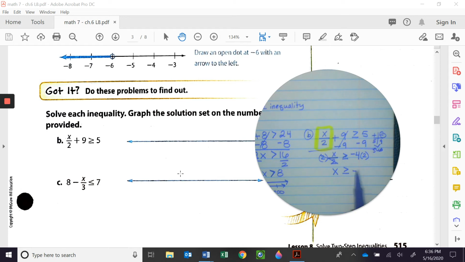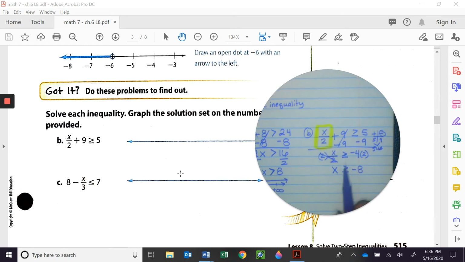So our answer is -8, but nothing had to happen to our inequality. All right, so here's -8, negative infinity, positive infinity. We are a closed circle because it is equal to, and x is greater, so we've got to go towards our positives.